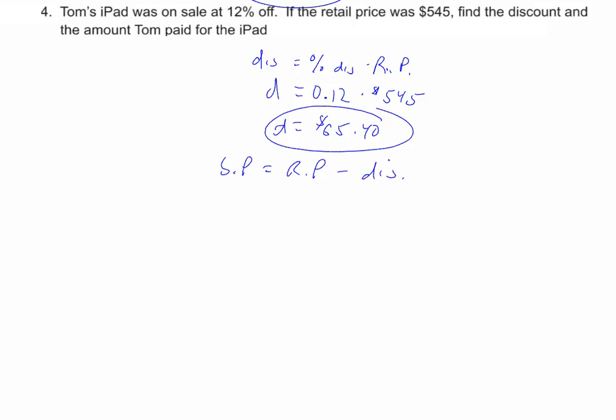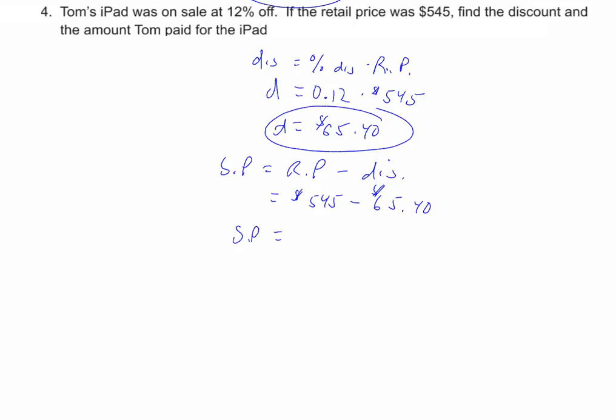So he said sale price equals retail price minus the discount. We already know our retail price was $545 for this iPad. Must have had a good amount of memory, which, by the way, is important when you buy an iPad, in case you didn't realize that. Minus our discount is $65.40. Final sale price of our item.